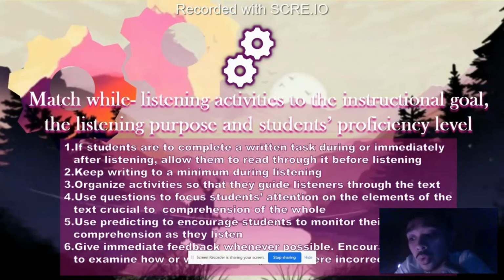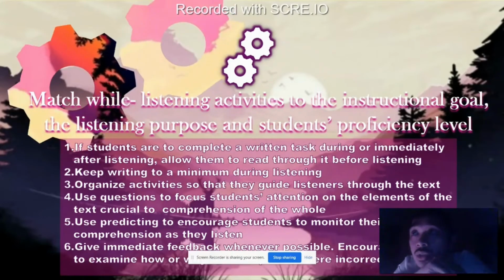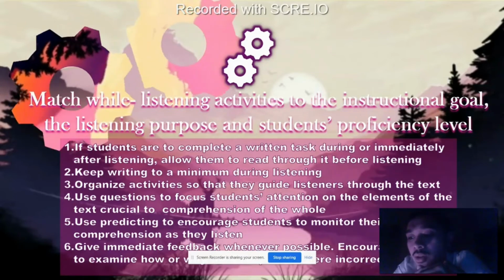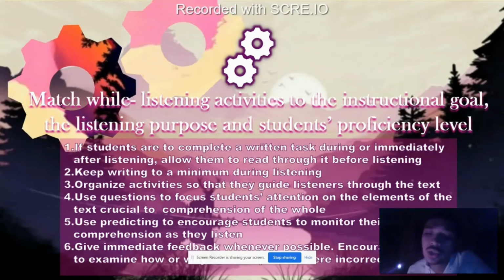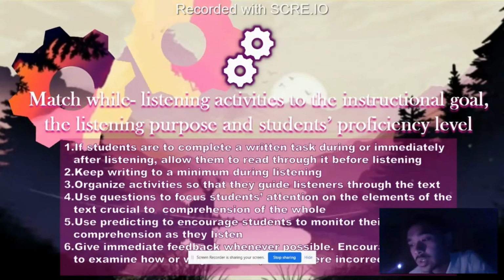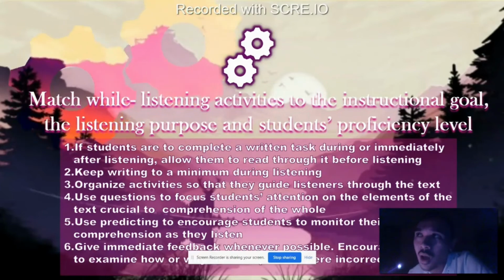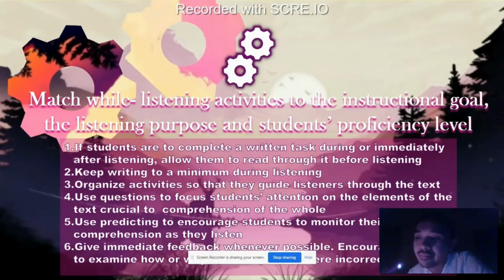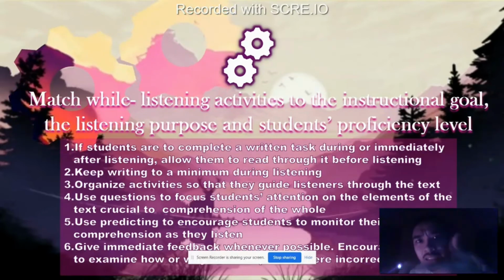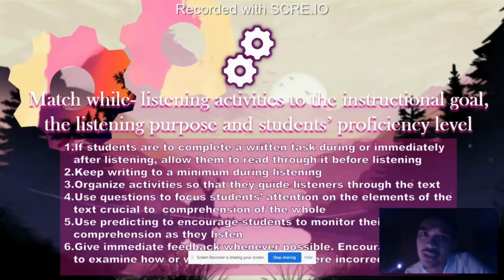These are tips that we can use to make sure that the students gain to their full potential by only listening. So we can use these variations to the listening activity to make sure that they are listening well and they get the gist and the understanding of the material that is being listened to.